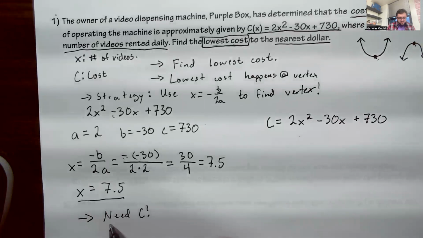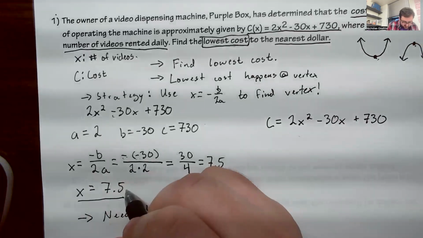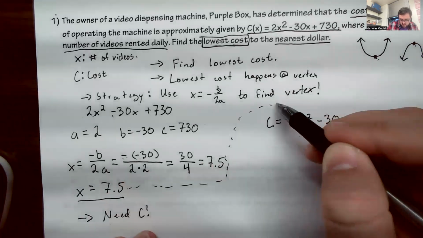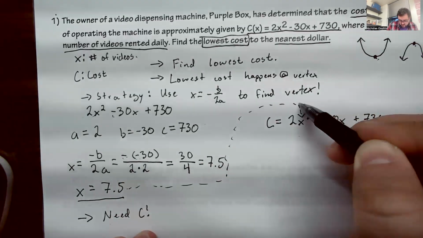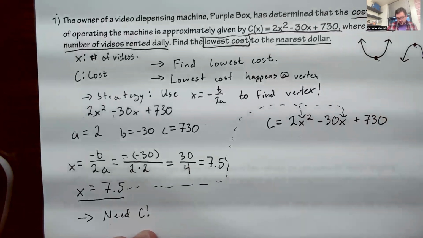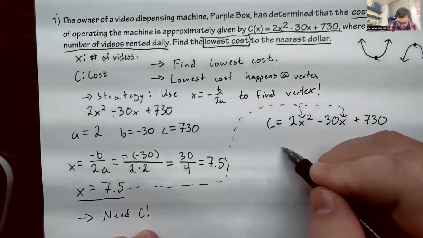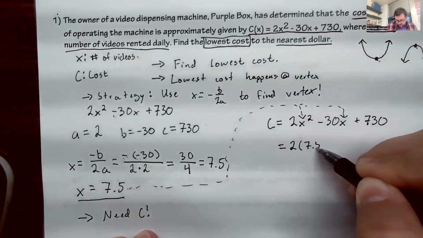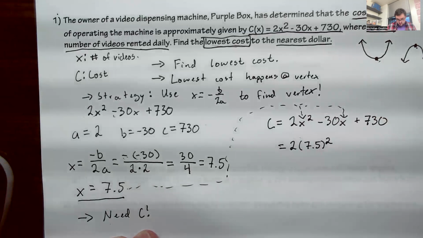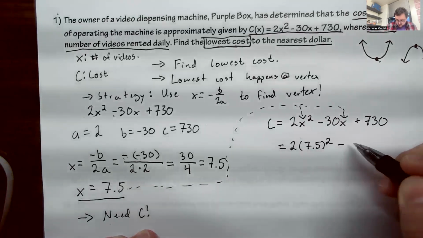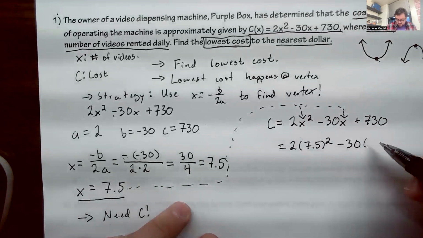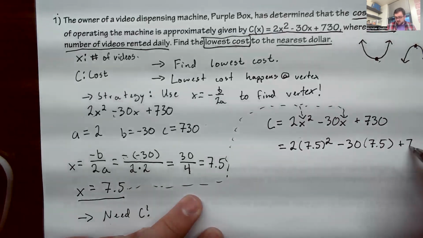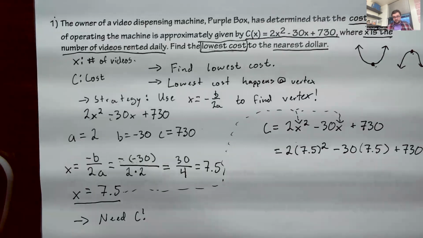So the way we can find C is by taking our X value and plugging it into the equation. That would look something like this. C equals 2 times 7.5 squared minus 30 times 7.5 plus 730.